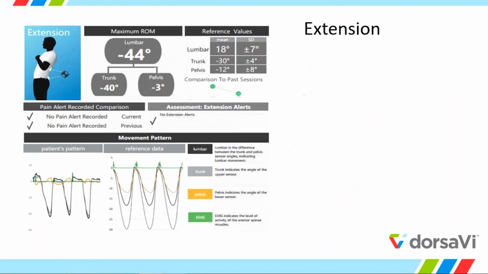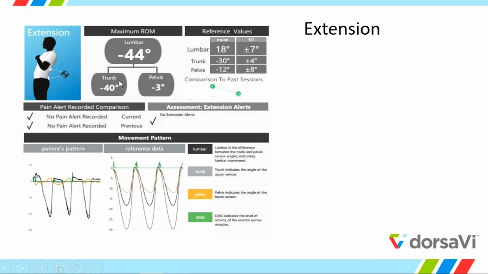So here's extension. And again, we have the same setup. The reference values say that lumbar extension should be around 18 degrees. Of course, I'm stupidly hypermobile and I have 44 degrees of lumbar extension. When I moved into extension, my trunk sensor went through 40 degrees of space.